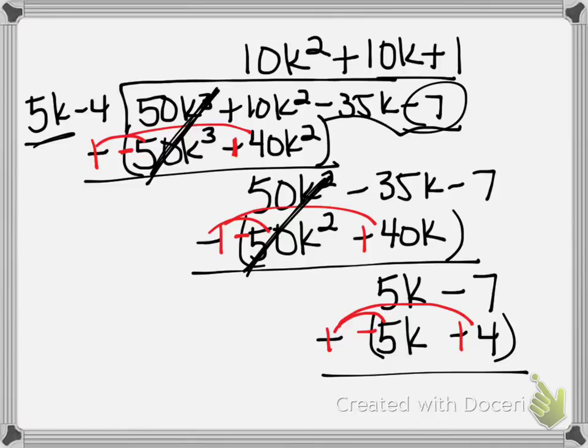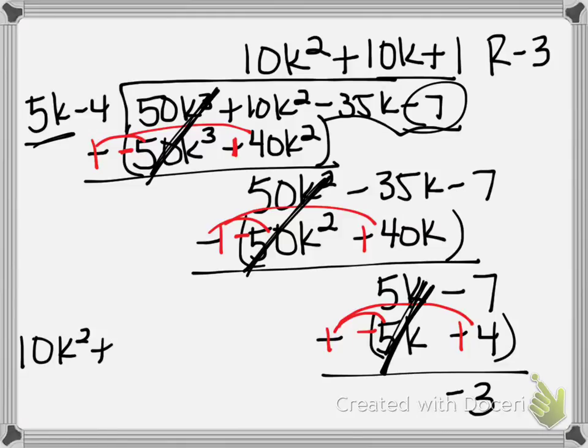So now I have 5k plus negative 5k. That eliminates, that's 0. And I have negative 7 plus positive 4, and that gets me negative 3. So that's a remainder of negative 3. So my answer is 10k squared plus 10k plus 1 with a remainder of negative 3. That's the answer to the division problem.